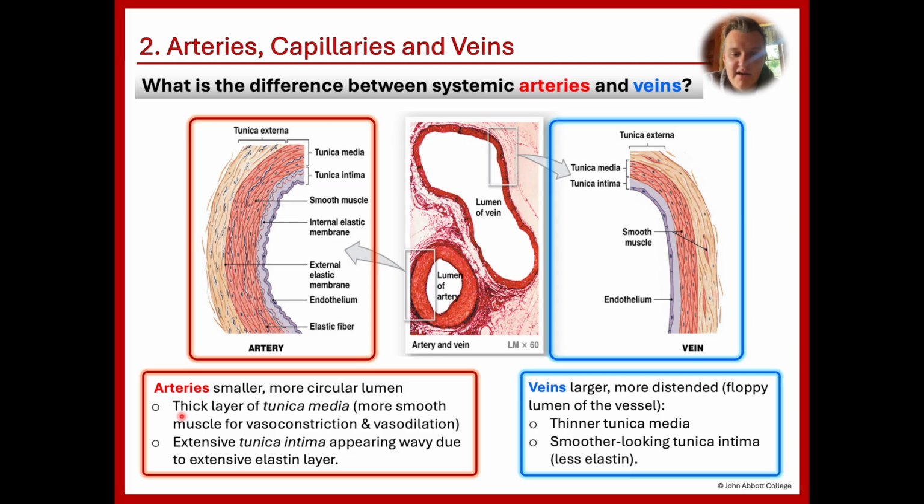You notice over here, look at this big thick layer. This is a thick layer of tunica media, with more smooth muscle found in that tunica media compared to here. Look at the tunica media here. There's almost nothing, right? Here we have a very thick tunica media, and here a very thin tunica media of smooth muscle. In arteries, remember, we need to be able to vasoconstrict and vasodilate.